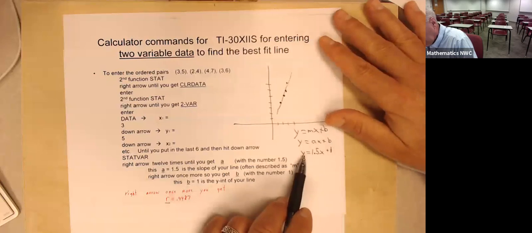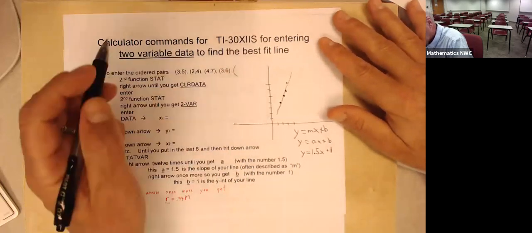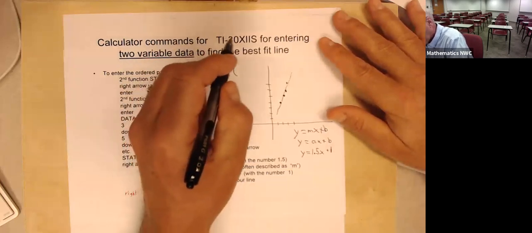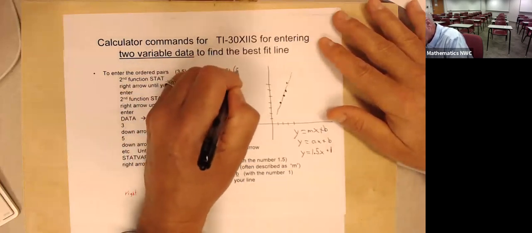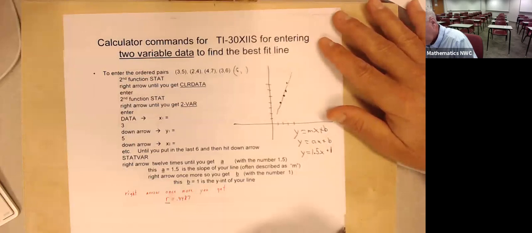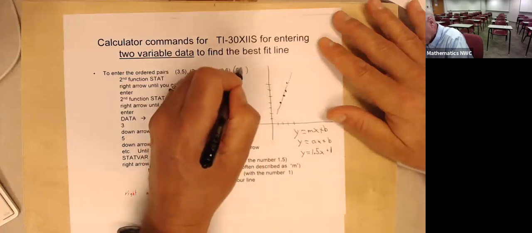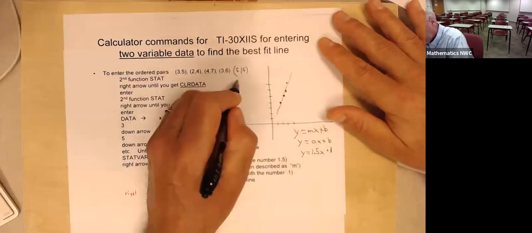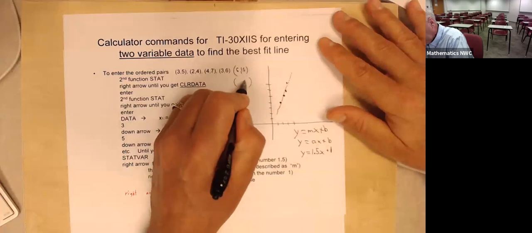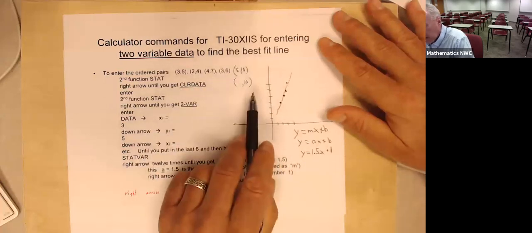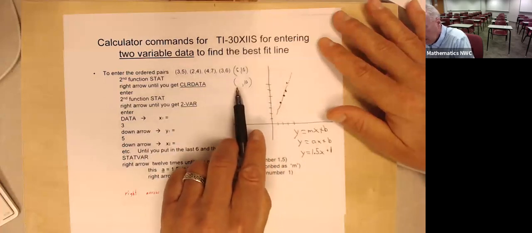Once I have my line of best fit, I could now use it to predict. For example, if I wanted to predict for an x of 6, I could put the 6 in for the X. That would be 9 plus 1, it would give me a 10. I could also have given you the 10 and said, you find the 6.